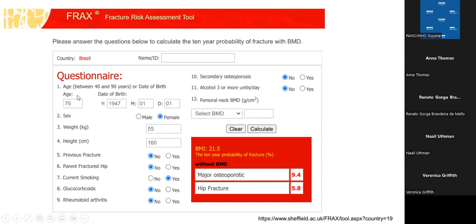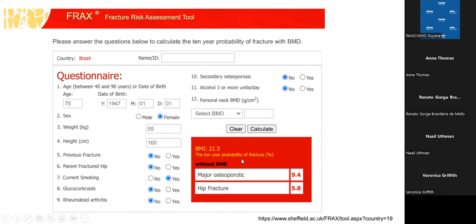Woman, aged 75 years, with this weight and height, no previous fracture, no parent fractured hip, current smoking, not using glucocorticoids, and not having rheumatoid arthritis, nor secondary osteoporosis or alcohol abuse.